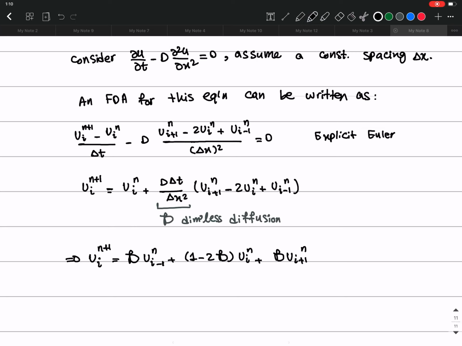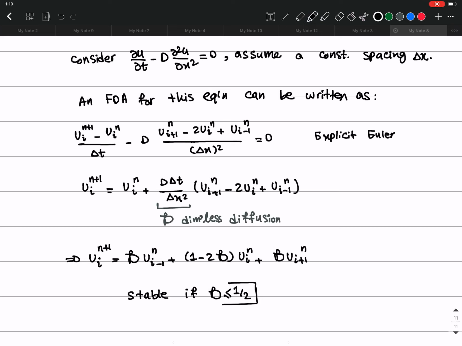This equation is going to be stable, and we will show it later, if this dimensionless parameter is smaller or equal to 1/2. So this is a stability criterion. If it is greater than that, then your solution is going to blow out.